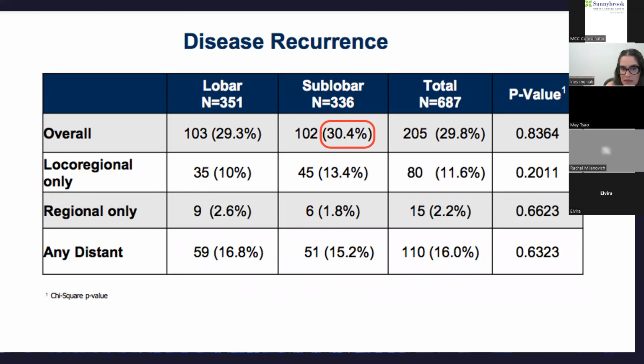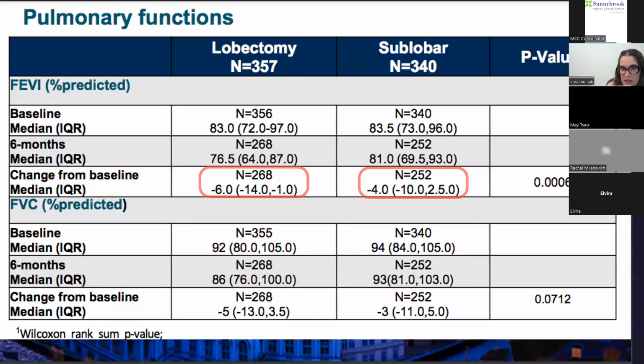And numerically, 13.4% of patients who underwent a sublobar resection had a local regional recurrence, compared to 10% in the arm of lobar resection. However, the P was not statistically significant. The secondary endpoint of pulmonary function was evaluated by the FEV1 and FVC.